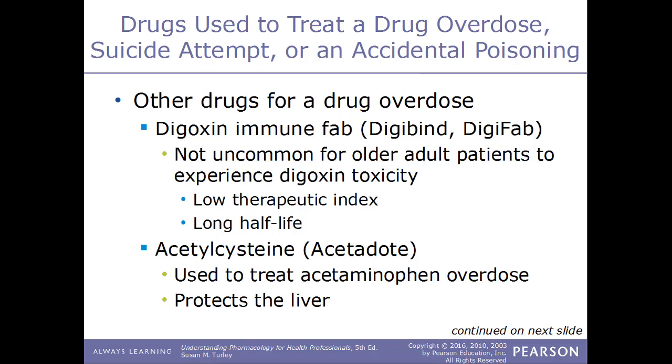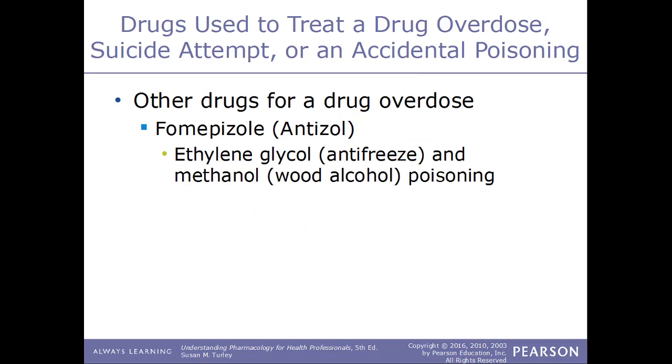Acetylcysteine, also known by the trade name Acetadote, is used to treat acetaminophen overdoses. It's basically overdoses of the drug Tylenol, and this helps to protect the liver. Another drug that could be given for a drug overdose is fomepizole, also known by its trade name Antizol, and this is given for ethylene glycol and methanol poisonings, which are antifreeze and wood alcohol poisonings.